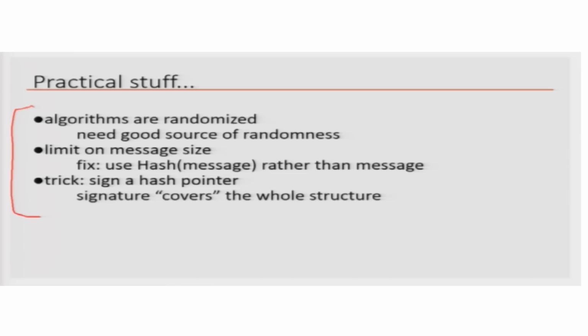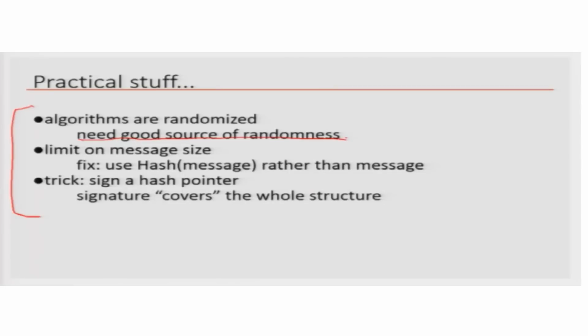We know that the creation of random numbers is very difficult, and many times the function that produces random numbers turns out to be not very random, and that has been a source of problem in many cryptographic techniques, and people have been able to decipher keys by using the fact that the randomness that you thought was random was not very random, and they could reconstruct it. So, it is very important to have a good source of randomness. Without that, the whole construction of cryptography and digital signature will fail.